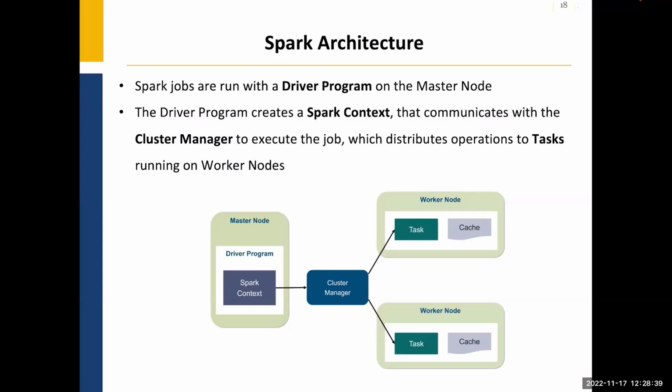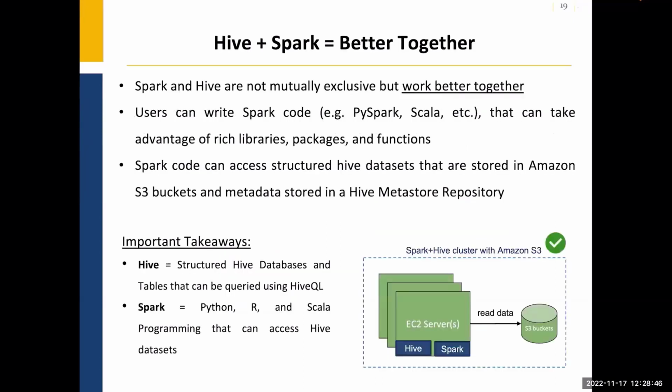So up to this point, I've spoken about the importance of Hive. I've spoken about the importance of Spark as it relates to the Hadoop architecture. One takeaway from this is that it's important to not necessarily separate them as different technologies, because they are not mutually exclusive, but really work better together. Users can write Spark code in the form of PySpark or Scala that can take advantage of rich libraries, packages, and functions that are available within the open source community.